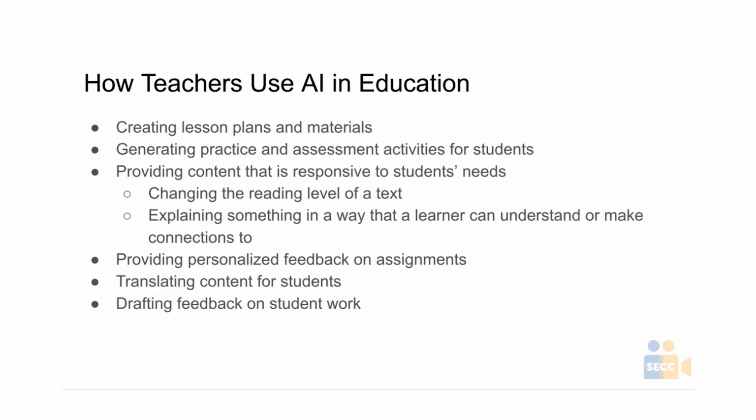And to make it even better, I try to train teachers to ask the AI tool to explain why they said that so that I can tell if it's pulling the right information. Translating again, drafting, oh, I said feedback already. Sorry, said that twice.